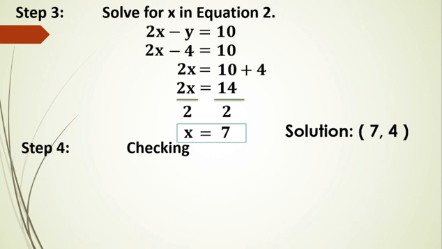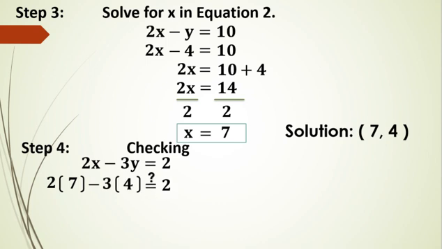Step 4. Checking. Equation 1. 2x minus 3y equals 2. Substitute 7 for x and 4 for y. So we have 2 times 7 minus 3 times 4 equals 2. 2 times 7, 14.